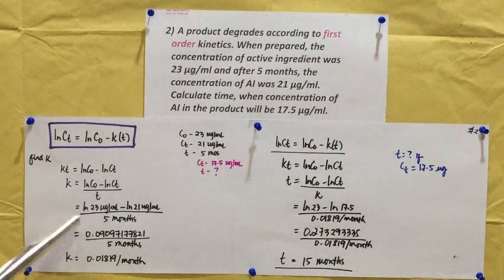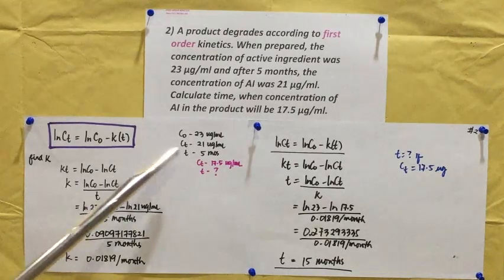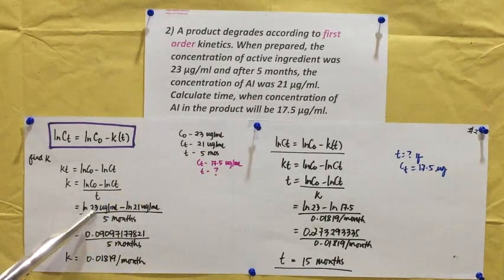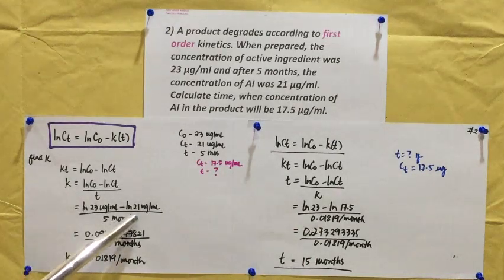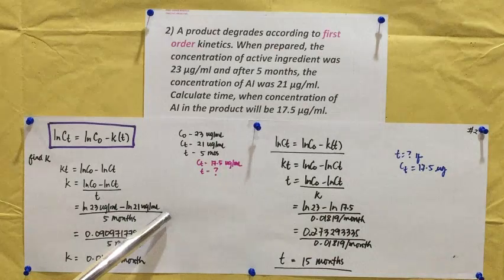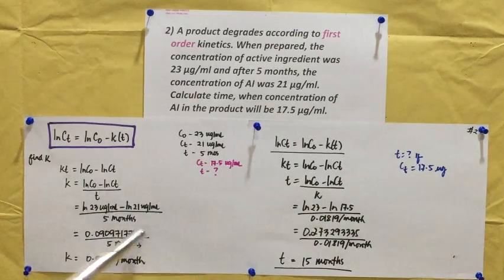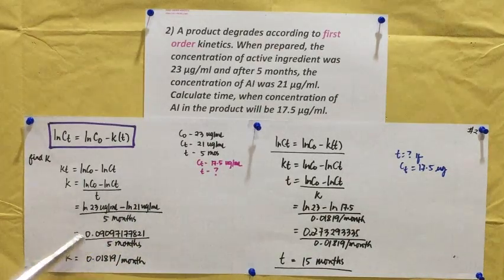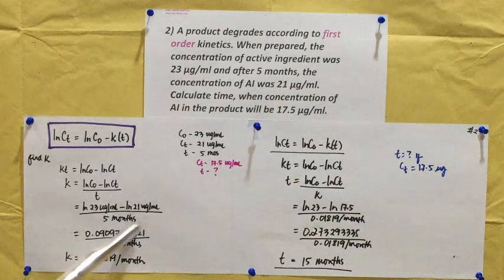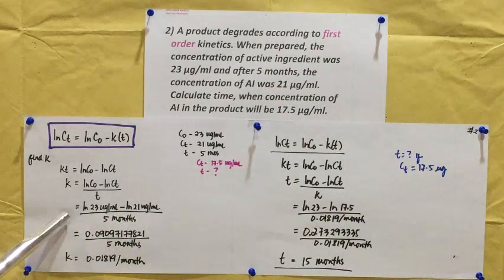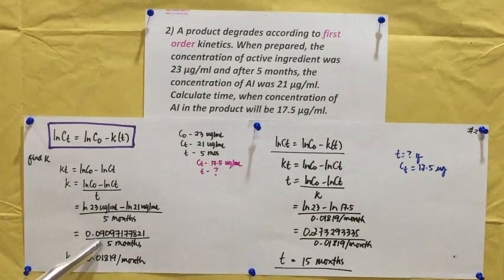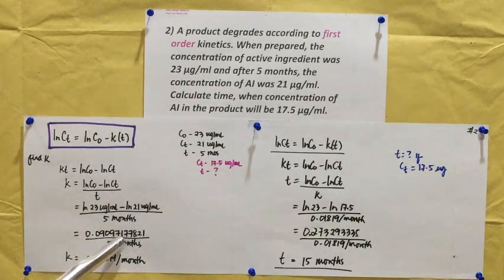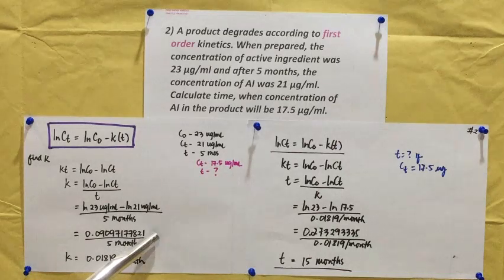Let us substitute. Initial concentration is 23, so ln 23 microgram per ml minus ln 21 microgram per ml, which is CT, divided by the time 5 months. Again, if you input this in the scientific calculator, you will get this value of 0.09097177821.